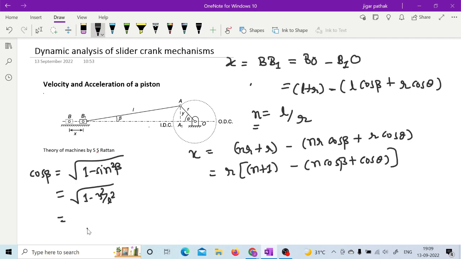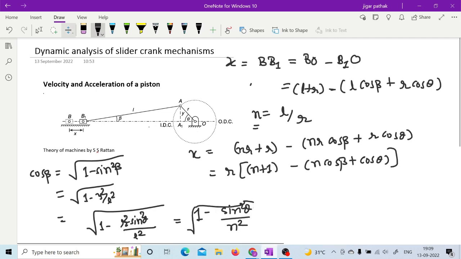So in place of y you can write r sine theta, so r square sine square theta upon L square. Now as we have defined N equal to L by R, if you take R in the denominator, then you have 1 minus sine square theta upon N square.